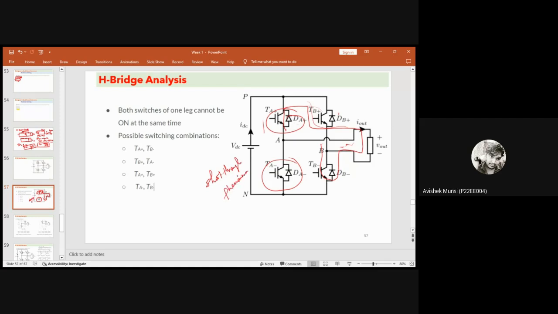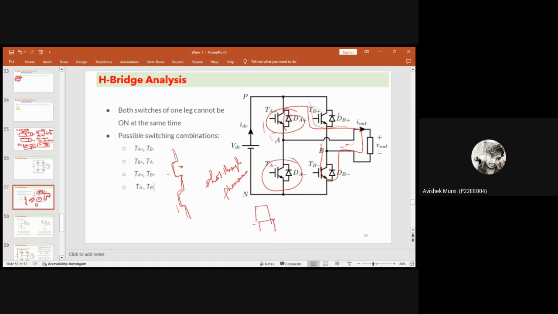So that's why in case of inverter design, whenever you have a half bridge or full bridge leg, the on time of both switches is not the same.